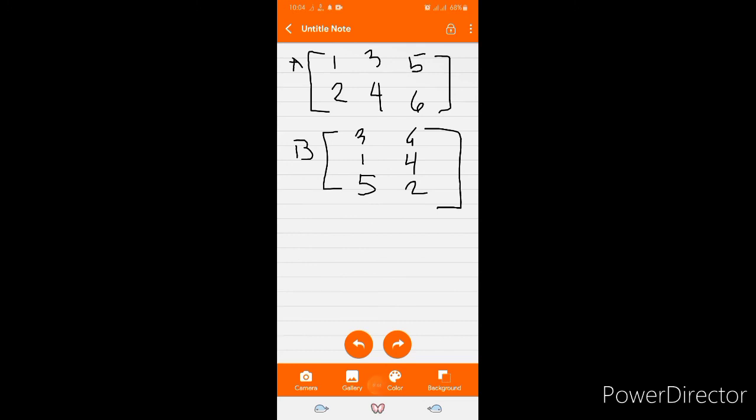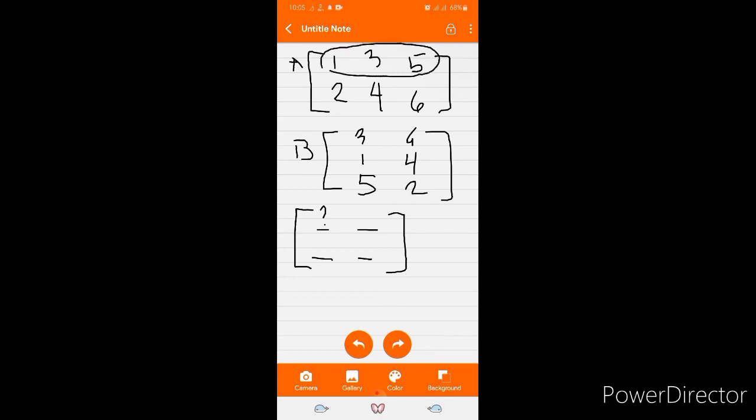Next, the first step in multiplying two matrices is to find the position. So for example, we will first find this position. Since it is in the first row and the first column, we will multiply each term.